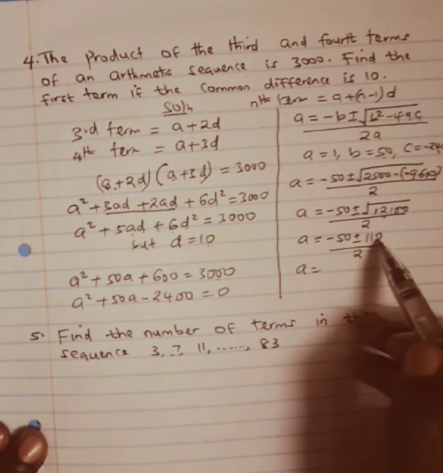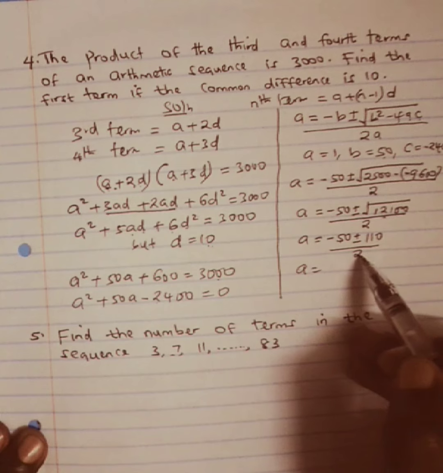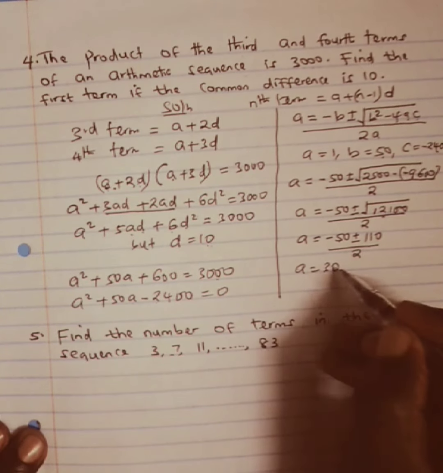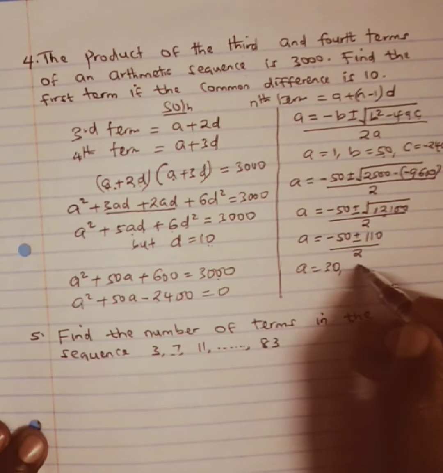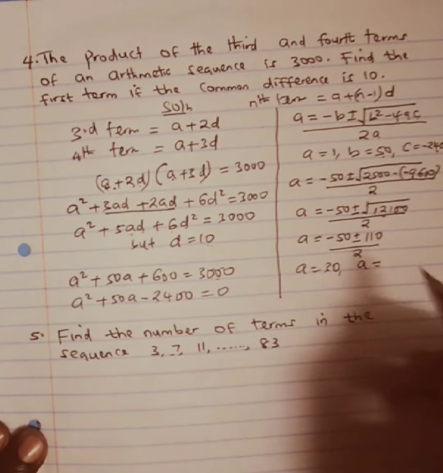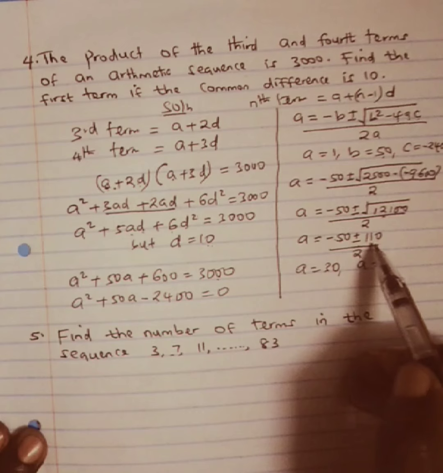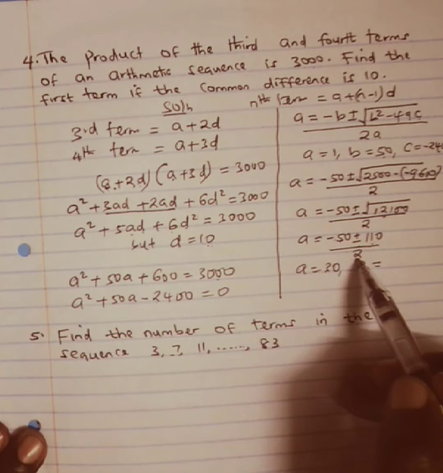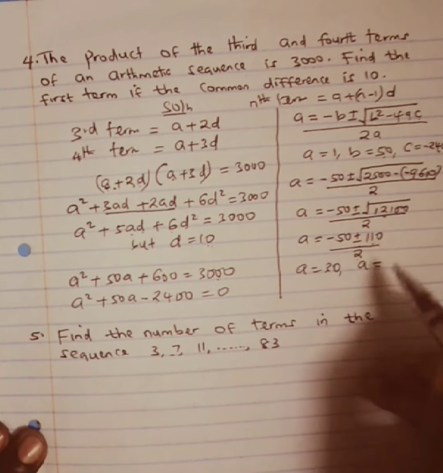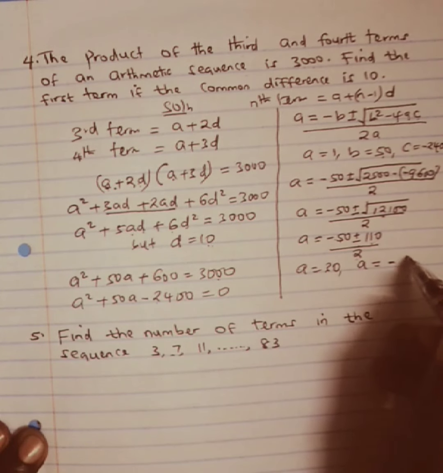We add 110, you get positive 60. 60 divided by 2, you will get 30. And the other value of a will be equal to minus 50 minus 110, giving us negative 160. And negative 160 you divide by 2, this one is going to give us negative 80.